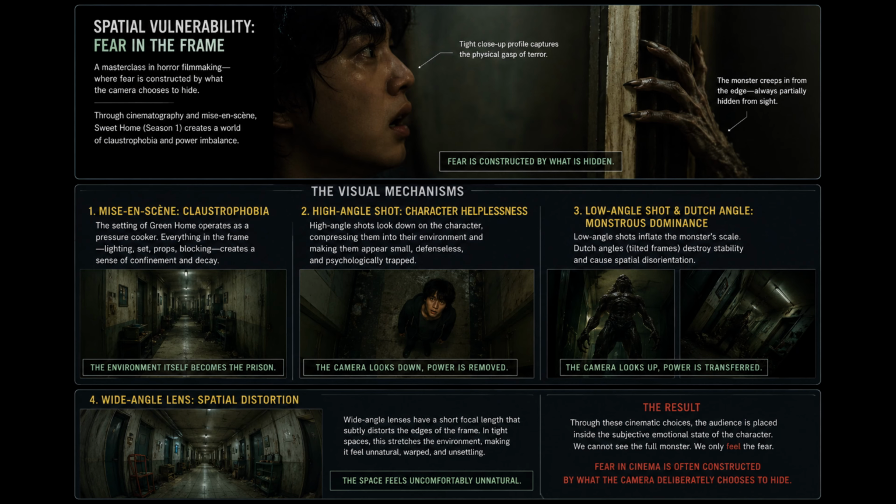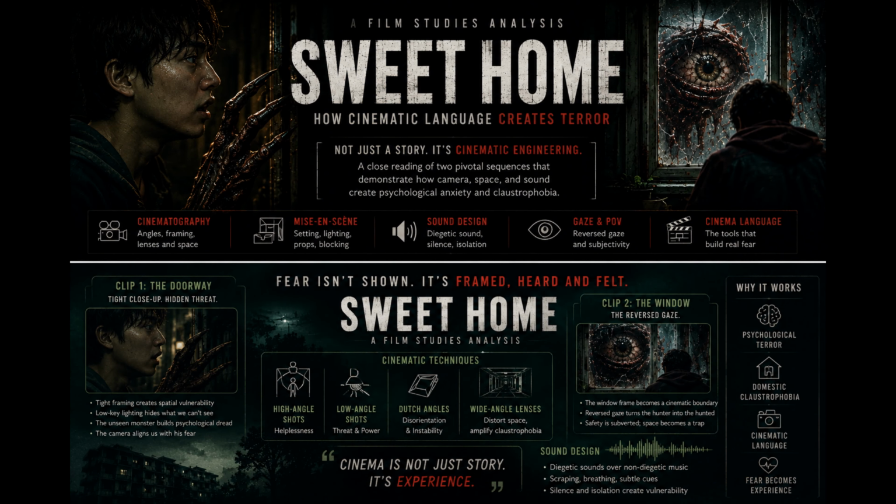Notice what occurs in that single sequence without a single line of spoken exposition. The camera relies on a tight close-up profile of Cha Hyun-su, capturing his physical gasps of terror, while the clawed hand of the blind monster creeps into the extreme right edge of the frame. From a film study perspective, this sequence is a masterclass in spatial vulnerability.